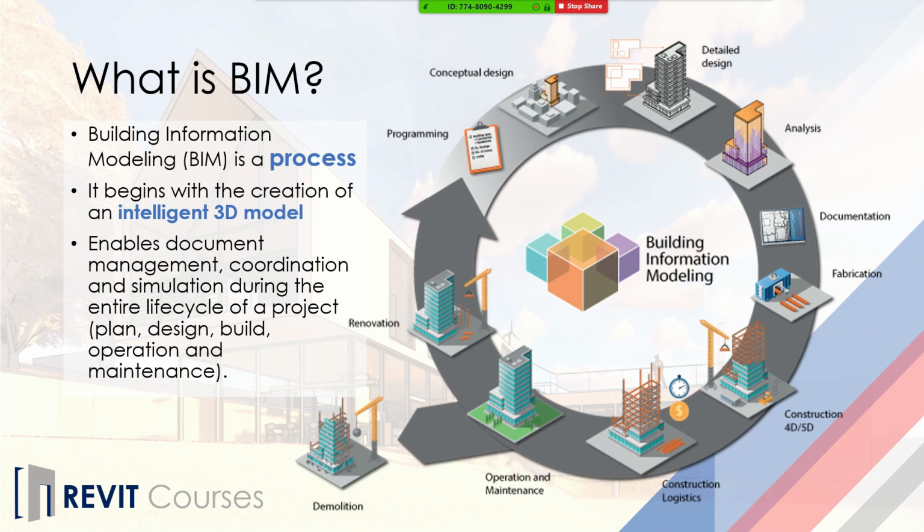The technology of BIM enables document management in a sense of documenting your project and the information that you have in that model, coordinating between different disciplines, which is not really possible without BIM.